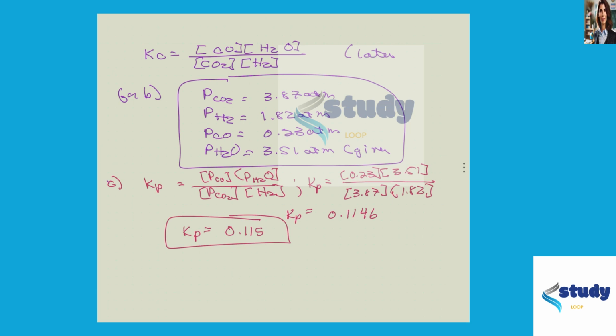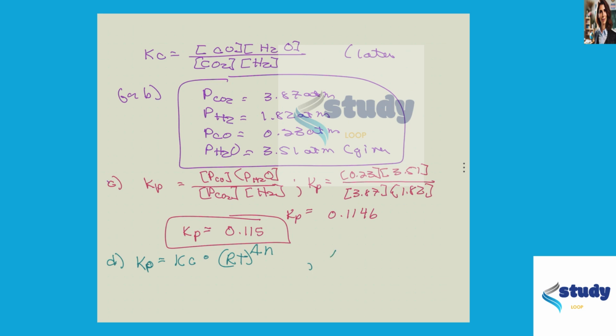Okay, then last but not least, we have to do our Kc. Our Kp is equal to our Kc times RT to the change in moles.